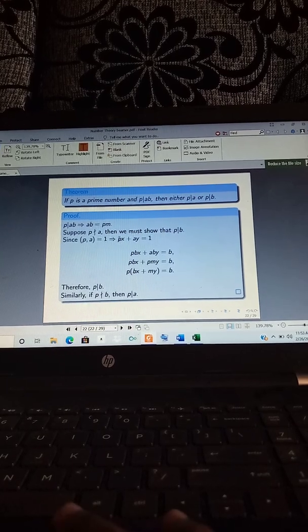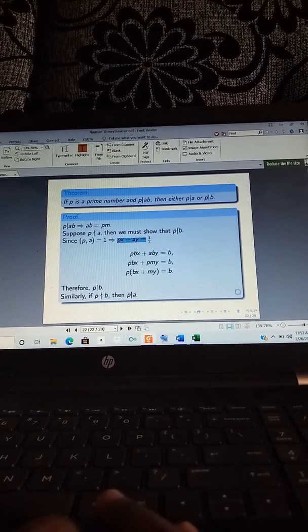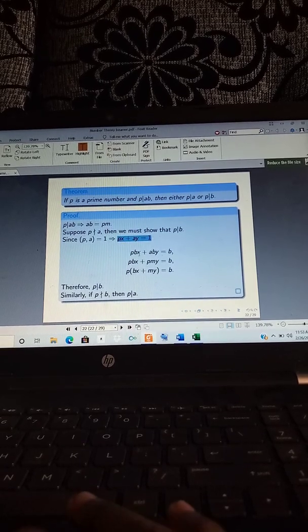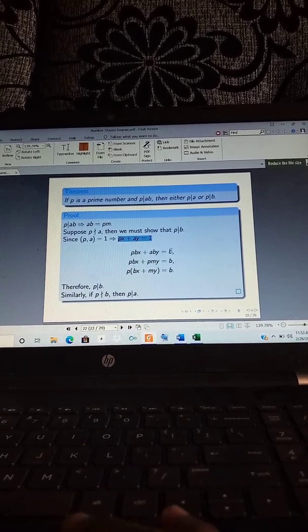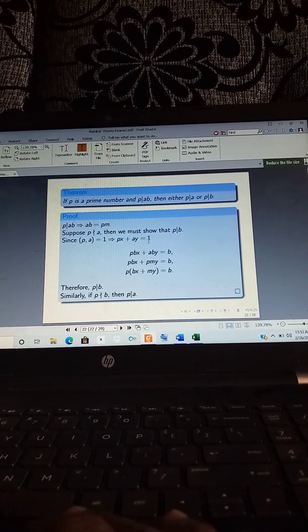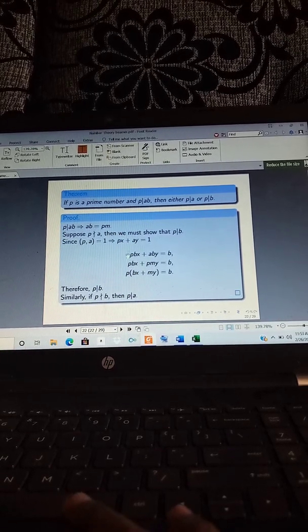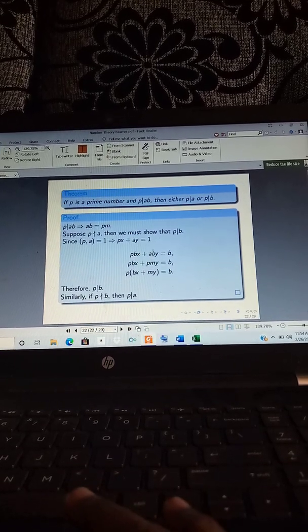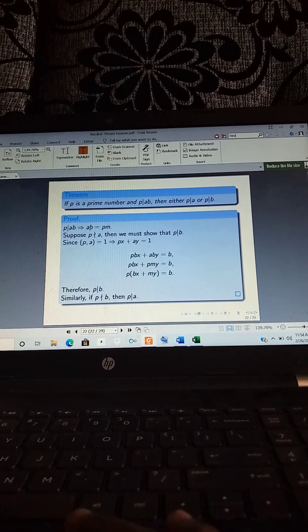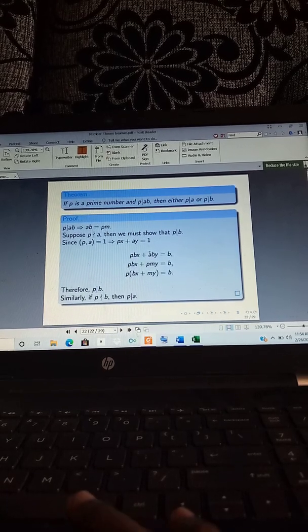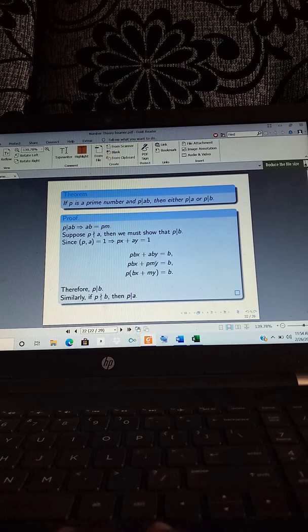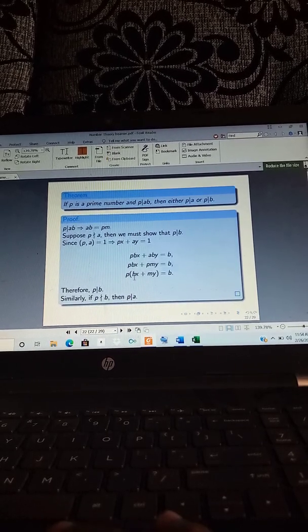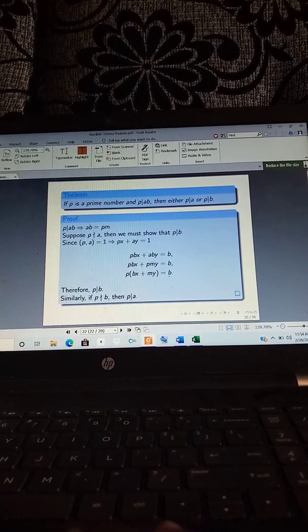The first thing we do is to multiply this equation by b. When we do that, we get pbx plus aby equals b, and so we must be able to have p here, which is there, and also here, but we don't have p here, so we can substitute the value of ab from here. ab equals pm, so that we get pbx plus pmy equals b, and p is common, so we have p times (bx plus my) equals b.